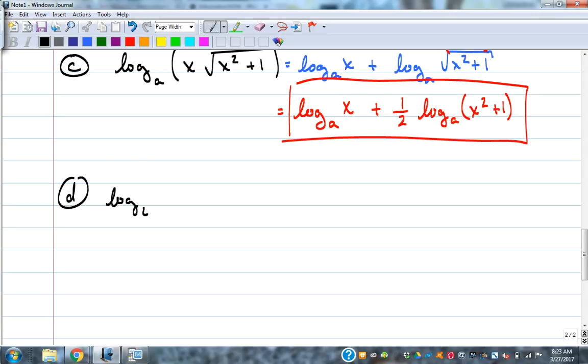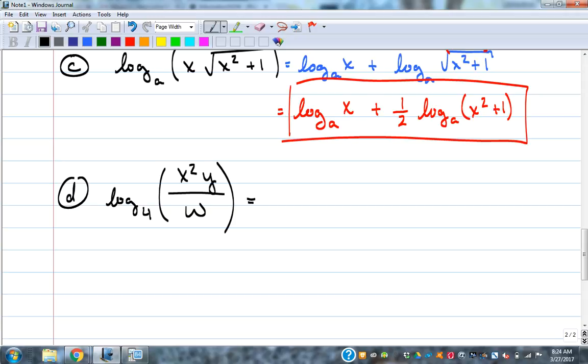Let's do log base 4 of x squared y over w. So what's the big glaring thing that's going on here? It's division first. It looks like a big fraction. That's the part that glares at us and says, we don't like you.